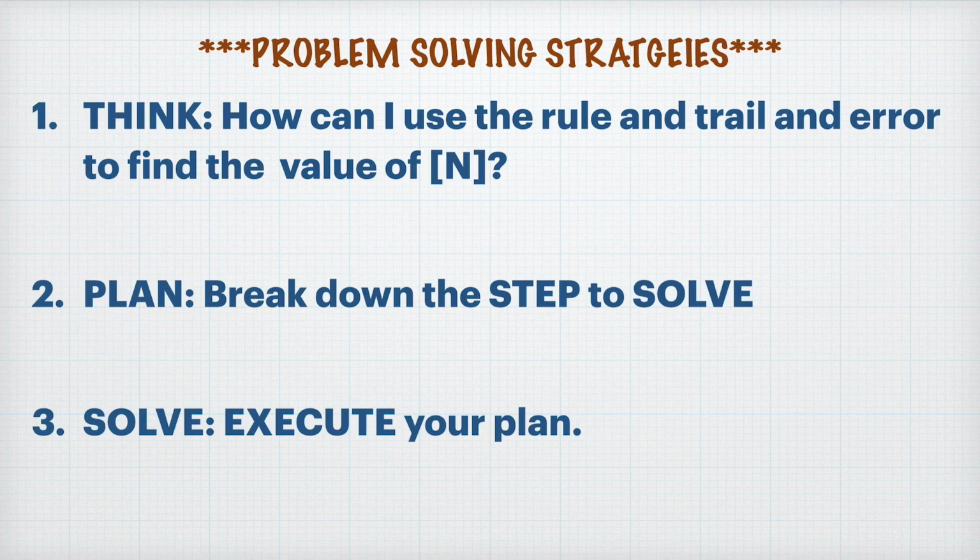You could just write all the numbers out and figure out which one it is. That'd be easy, maybe, but we can use some process of elimination to solve this more quickly and easily. So that becomes our plan. We're going to break down each step to solve. Based upon the rule, eliminate all odd digits.